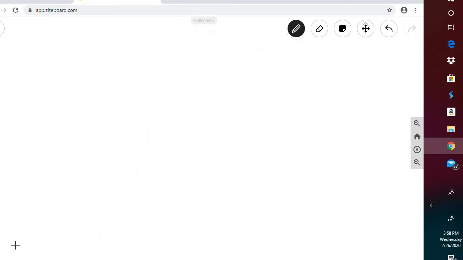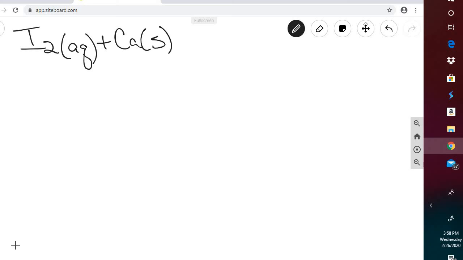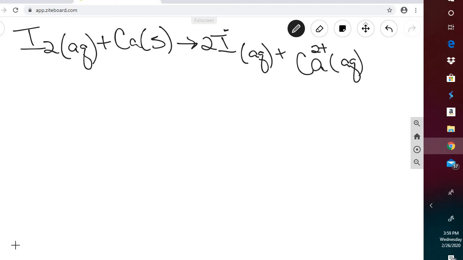4B gives us this. Okay, so then start by looking at the oxidation state.